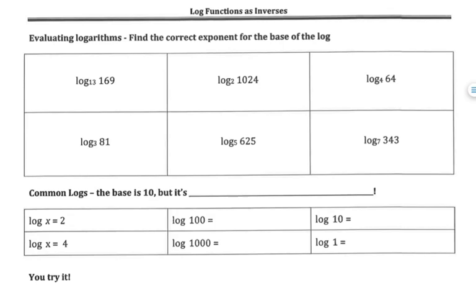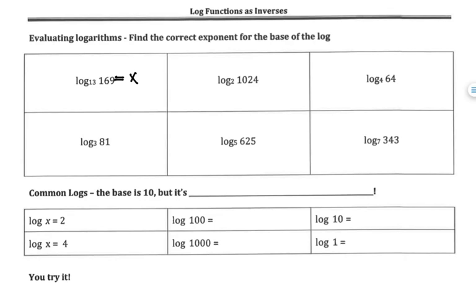Now, it says evaluating logarithms. So we want to find the correct exponent for the base of the log. So here, we have a logarithm, but we don't have an equal sign like we saw in all the other problems. One thing that I like to do on these is to put an equal sign. I don't know what this is equal to, and that's what I'm trying to find out.